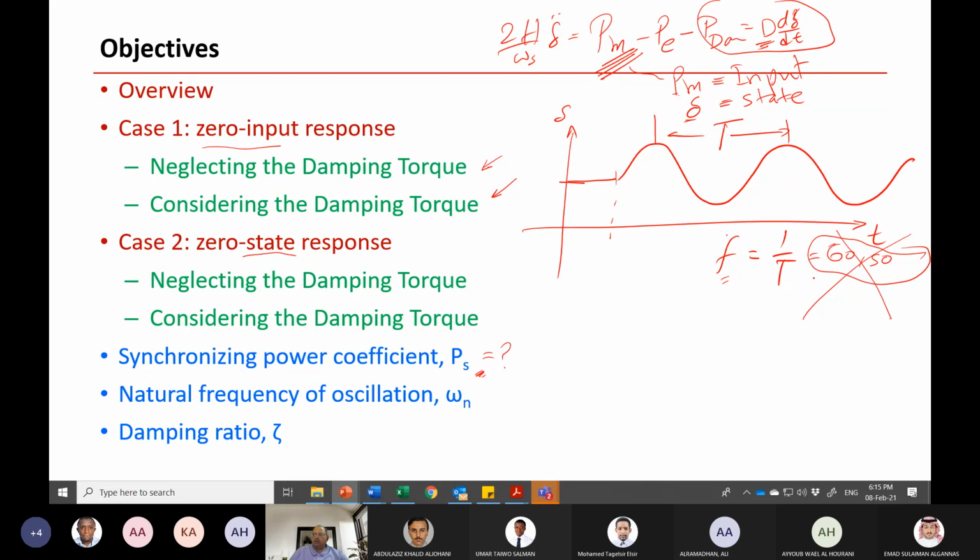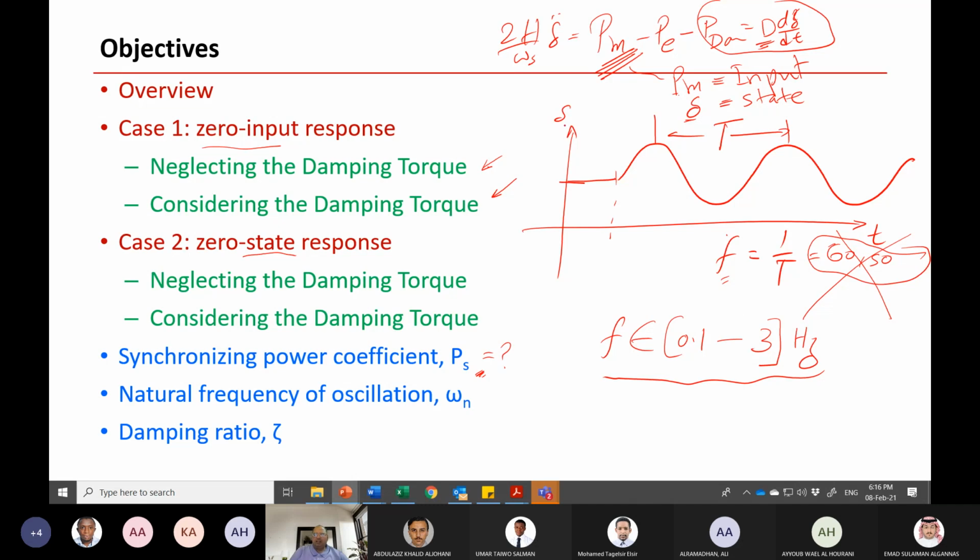For stability studies, you can have it between 0.1 hertz and 3 hertz. This is the frequency of oscillation. So when you draw delta versus T, the frequency here is not 60. It has nothing to do with the 60 or 50 hertz.